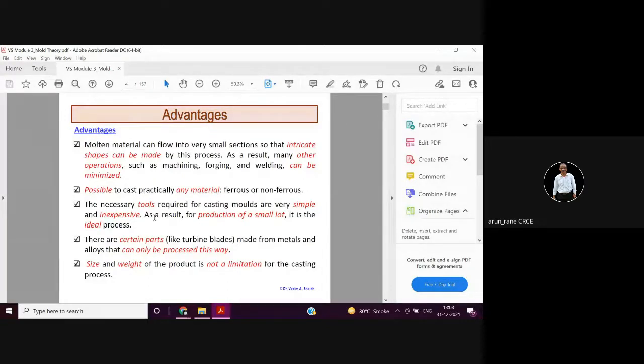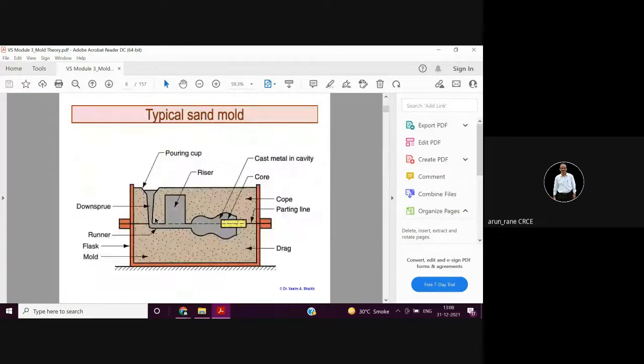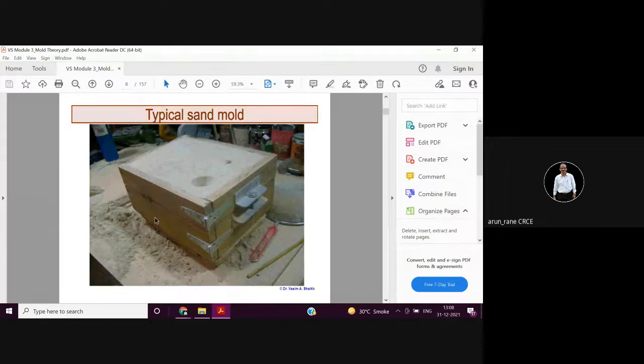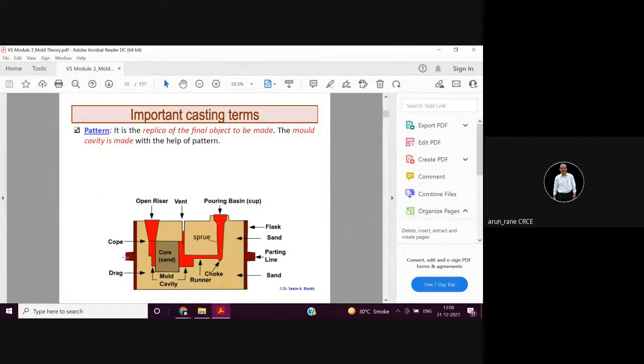Okay, so these are some figures. You can see this. This is your sand molding. I'll just quickly run through this because most of the things you are familiar with. If I find something different, I will just highlight it. Now this is a component, and this is what is called the parting line, along which it separates.